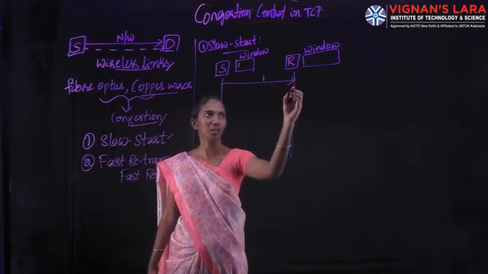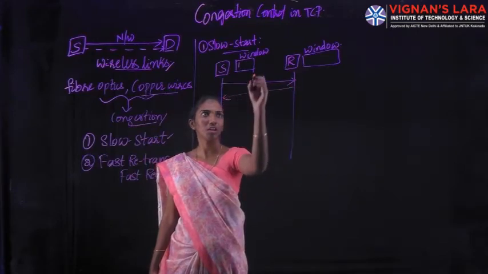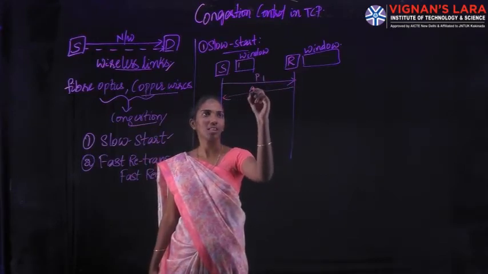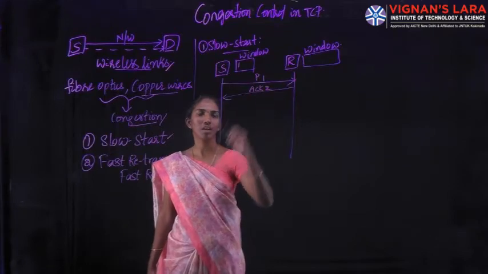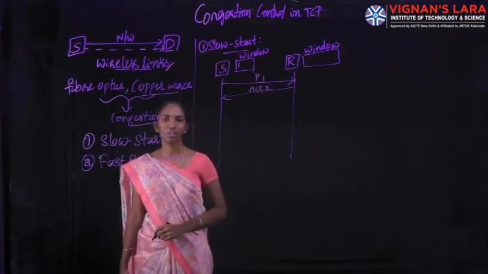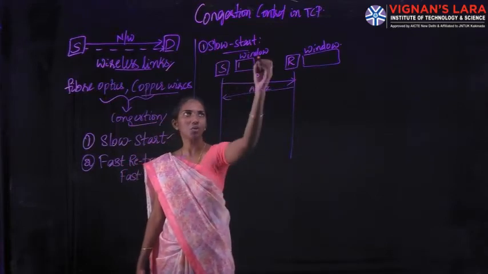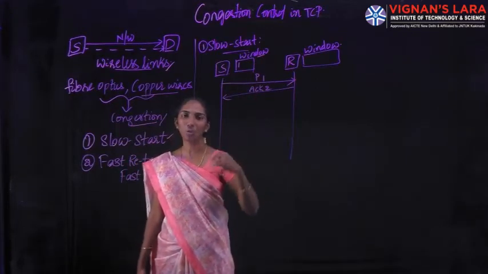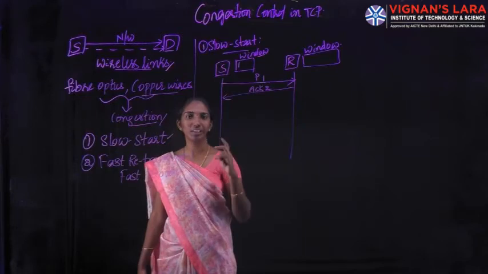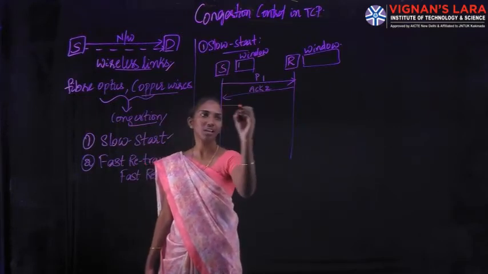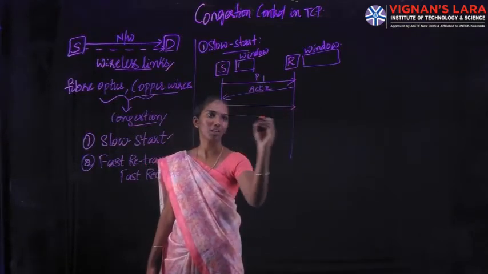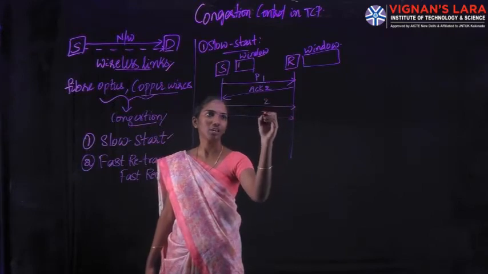Now the sender will start by transmitting 1 packet. That means here it has sent packet number 1, and the acknowledgement it needs to get is acknowledgement 2. Okay. So on successful acknowledgement, the window size will get doubled. What is the double of 1? It is 2. Now the sender will transmit 2 packets, 2 and 3.